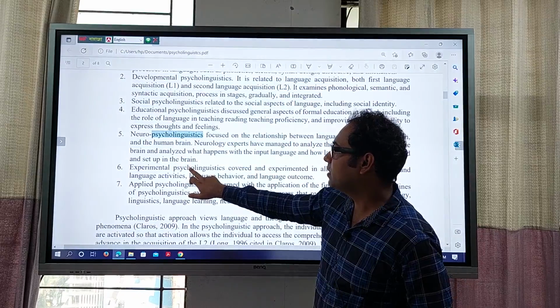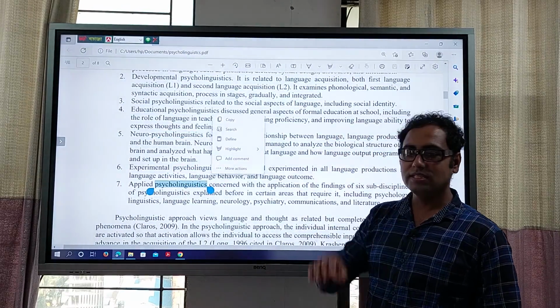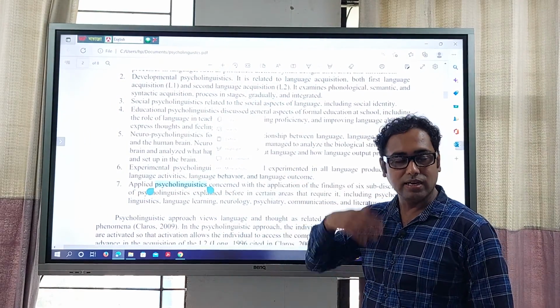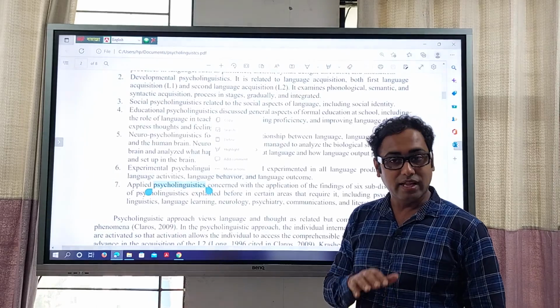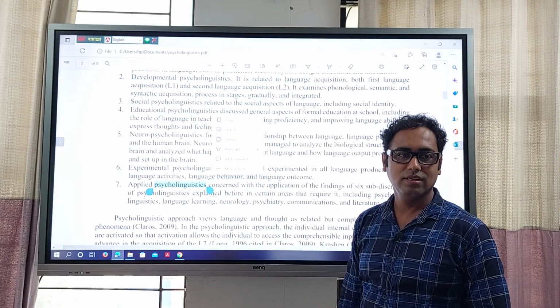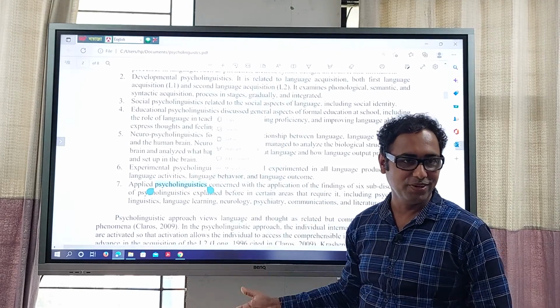Then comes experimental psycholinguistics and applied psycholinguistics. So this is the systematic stage that is given a theory, and this is the way you learned Bengali. Surprising, right? We do not know, but we know. We learn Bengali, but we do not know the theory.